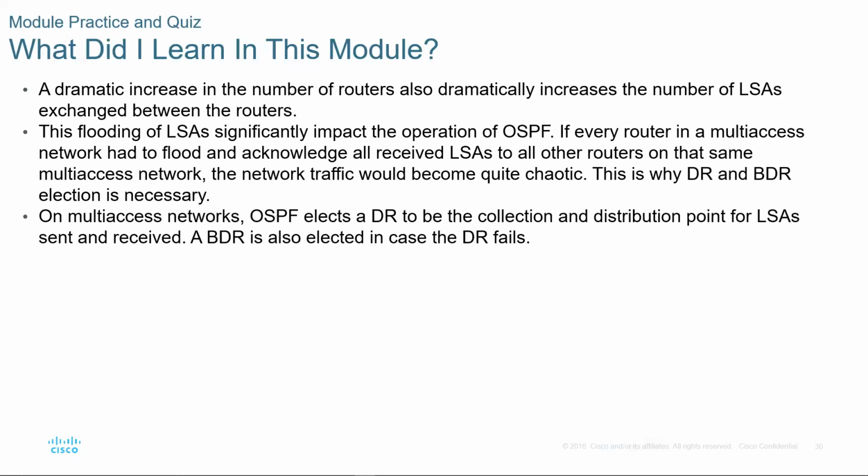These adjacencies and relationships, if they're not managed via the process of having a designated and backup designated router, would become quite chaotic in that, you know, if we have 5 neighbors, we need to form 10 adjacencies.